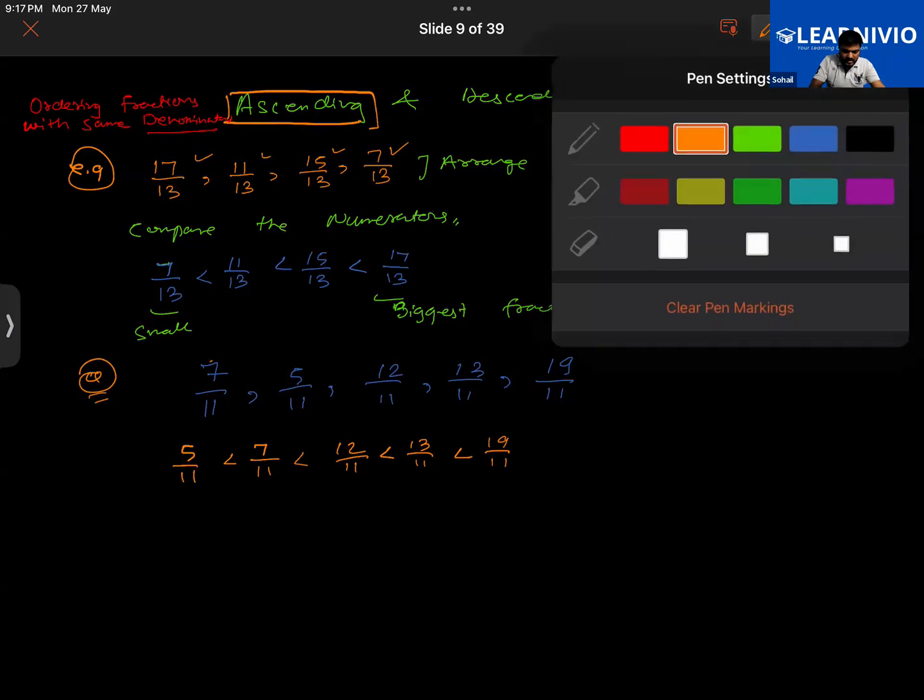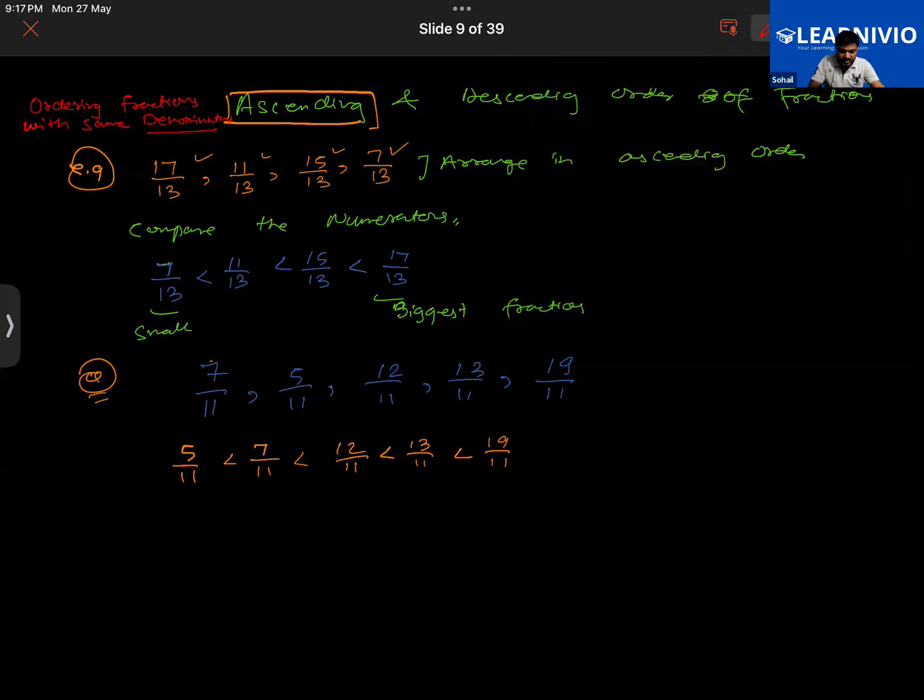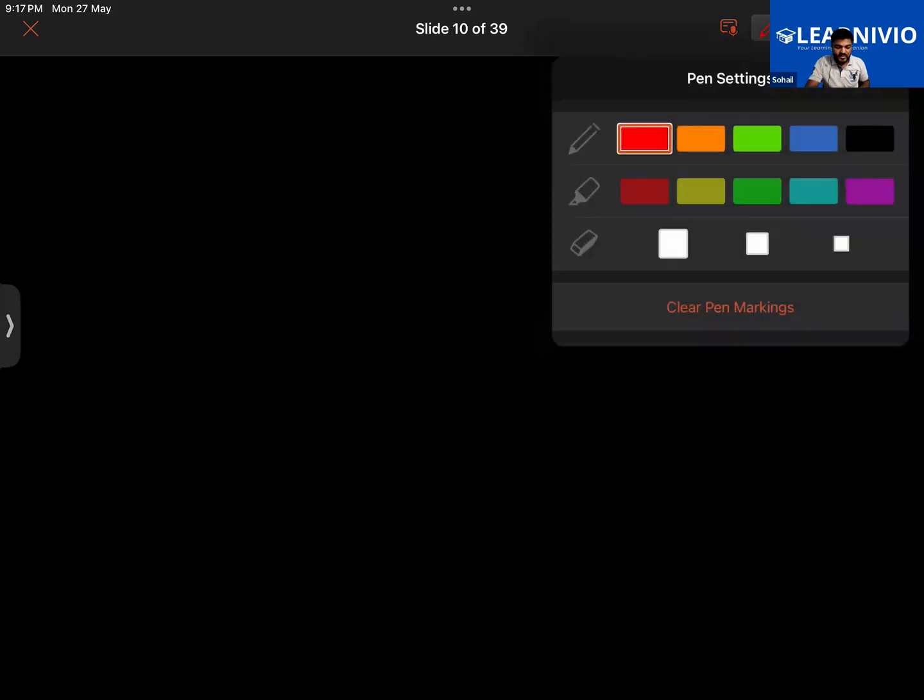And if you were asked to write them in descending order, you will simply start from 19 by 11, 13 by 11, 12 by 11, 7 by 11, and 5 by 11. As simple as that. So that's how you arrange them in the ascending and descending order, only when the denominators are the same.